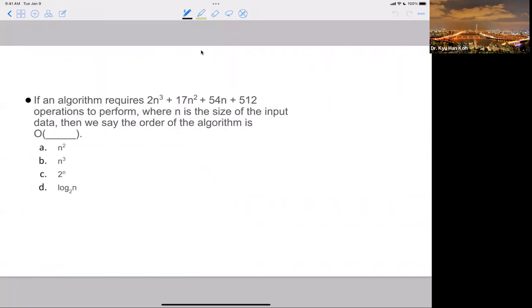And if an algorithm requires 2n cube plus 17n square plus 54n plus 512 operations to perform, where n is the size of the input data, then we say the order of the algorithm is what? I know some of you already learned Big O from your Programming 2 course, but just in case you didn't learn it. What we talked about is that the problem size n is a big deal, right?